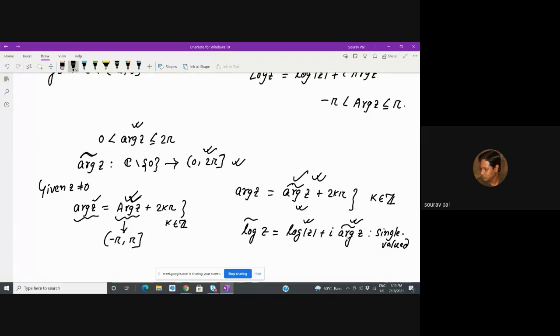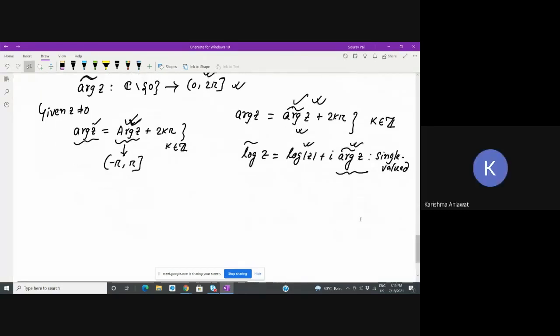Now please tell me when this single valued function is continuous. Like for the continuity of the principal argument, we had to remove one half line. Here also we have to remove one half line. What is that line? It will be the positive real axis.